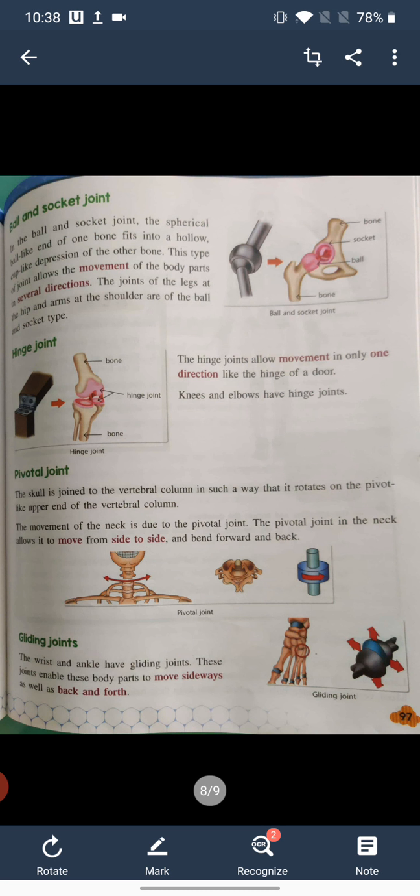The skull is joined to the vertebral column in such a way that it rotates on the pivot-like upper end of the vertebral column. The movement of the neck is only due to this kind of joint. It allows movement from side to side and bending forward and back.